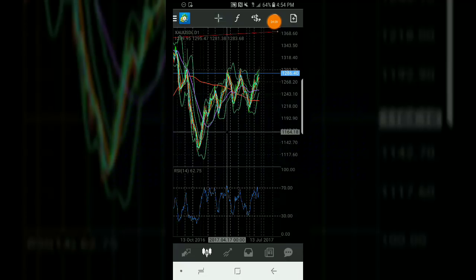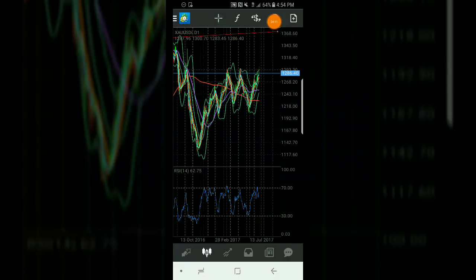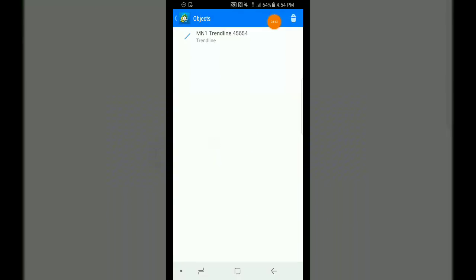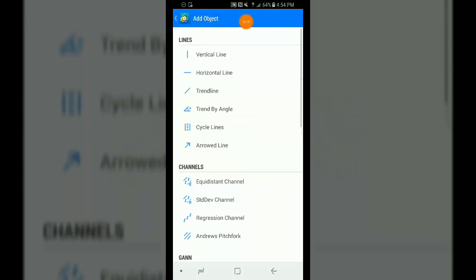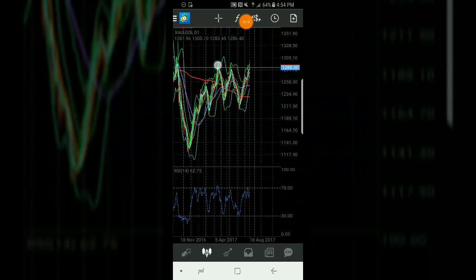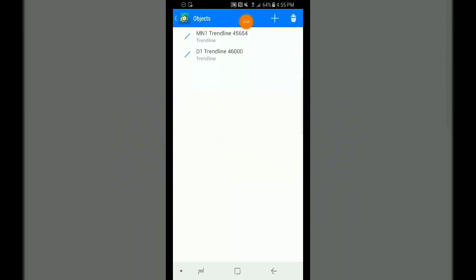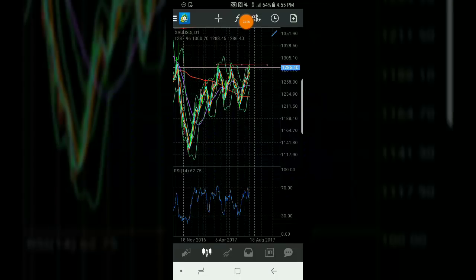And it is forming, if I were to draw some trend lines in here, a trend line right here. Draw a trend line across that point right there. And one more. Draw a trend line across this point right here.